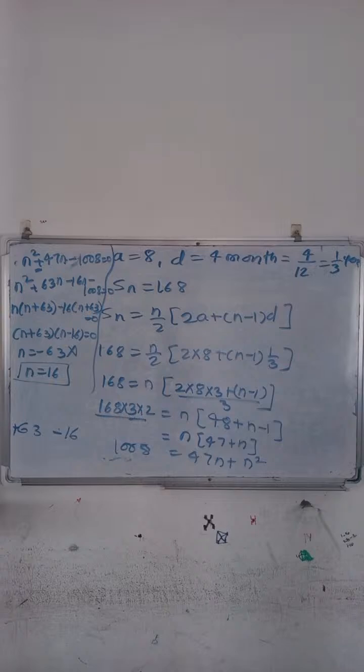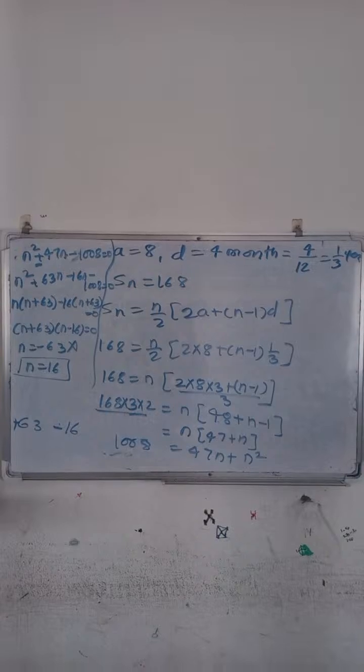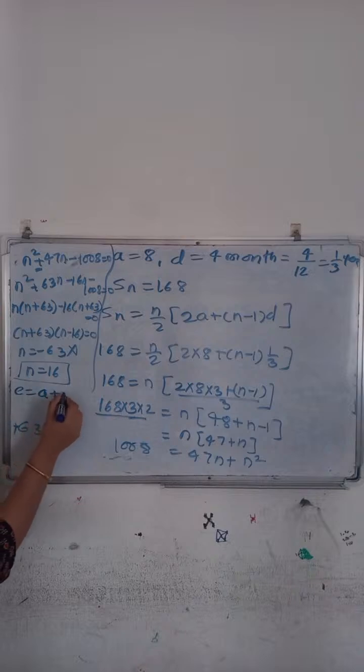That means the eldest is a plus (n - 1)d, that is 16 minus 1, 15d.